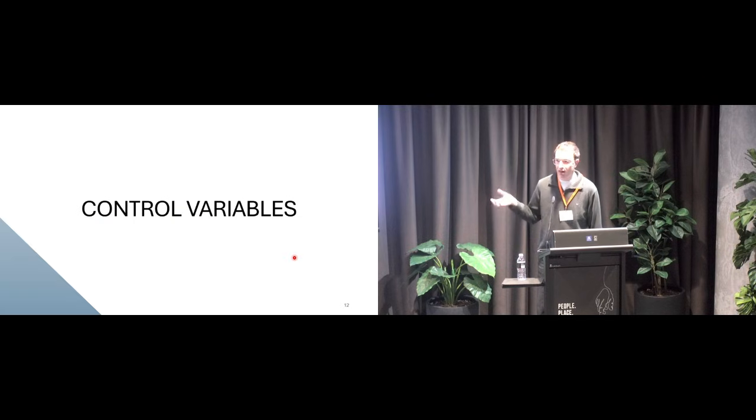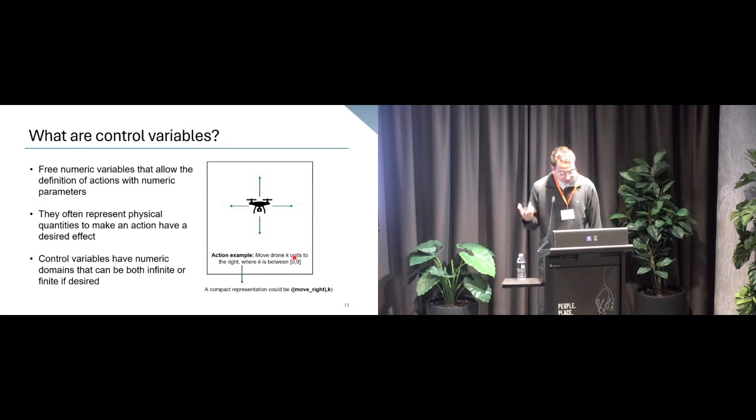We have proposed a framework called control variables, which are free numeric variables that allow us to define actions with numeric parameters. This concept is semantically equivalent to the notion of control parameters in the literature.